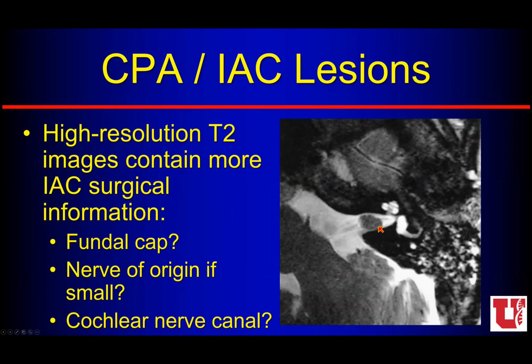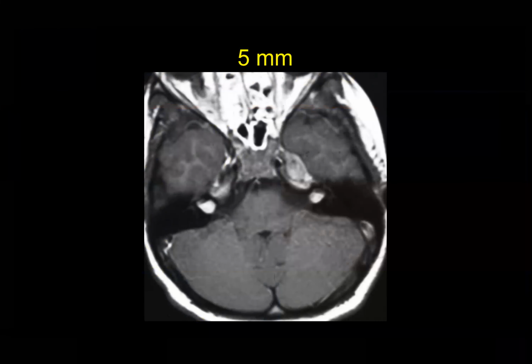And if I have a lesion there, I think about the fundal cap, how much CSF I see lateral to the lesion, and I try to figure out the nerve if I think there's a vestibular schwannoma, and I think about the cochlear nerve canal to see if that's involved, as well as the cochlea and the vestibule. Do I still have CSF-like bright signal within those structures, or is it replaced with a filling defect that might be a schwannoma?